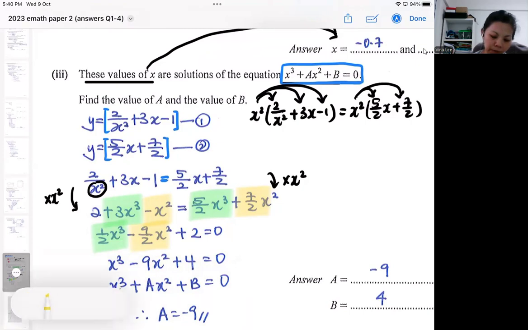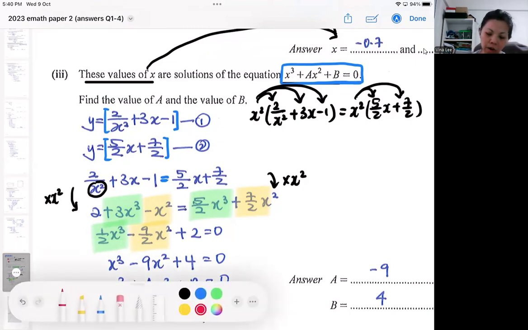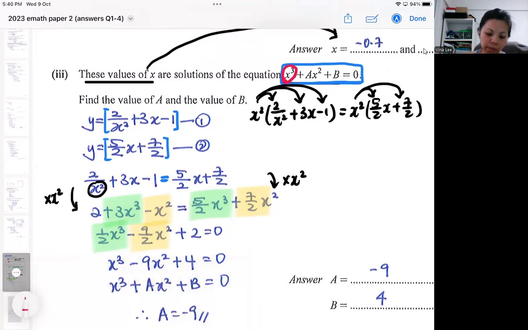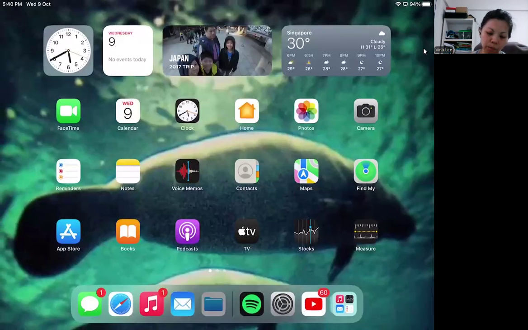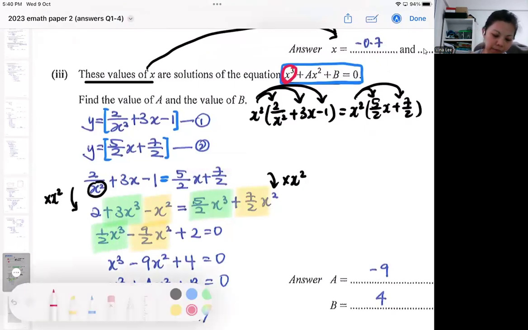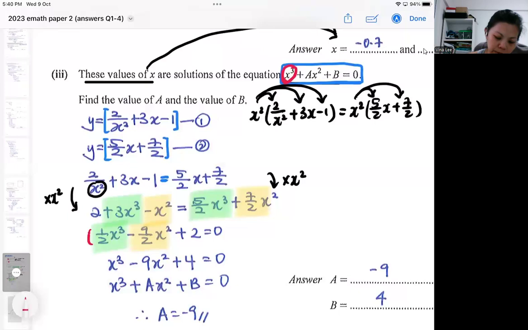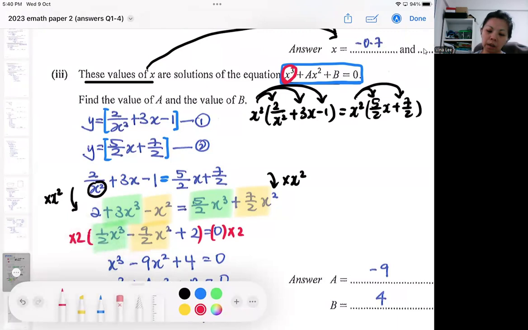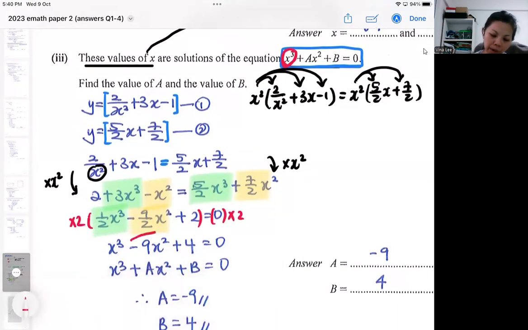Because you remember your objective is to get the x cube, you multiply by 2 on both sides. So when you multiply by 2 and you slowly multiply in, you realize that you got a nice x cube. And that's where you can compare with the equation. As you compare with the equation, you get your A, you get your B.